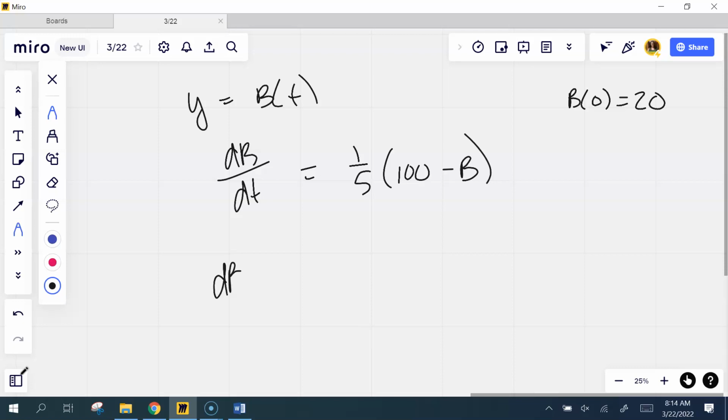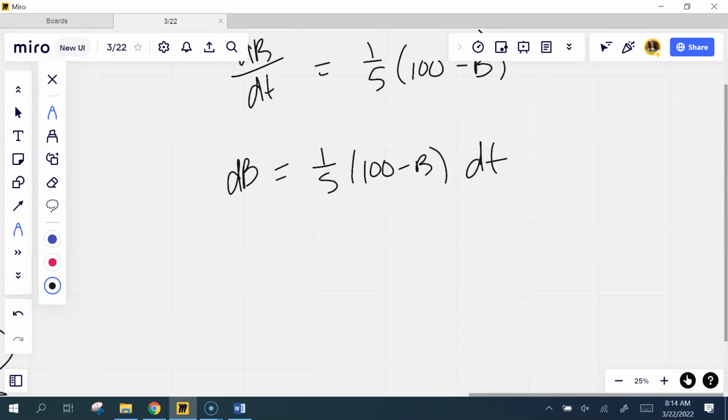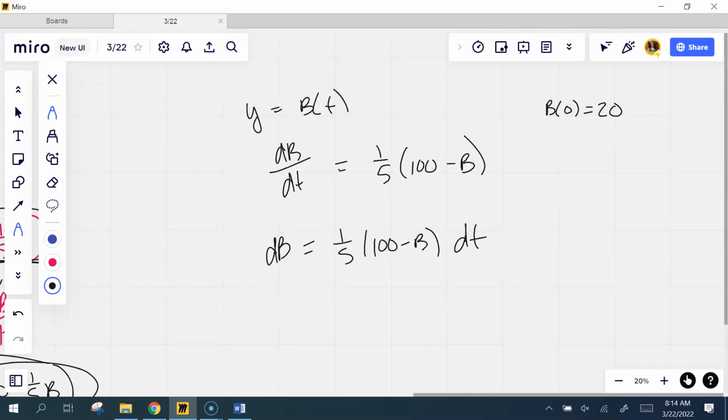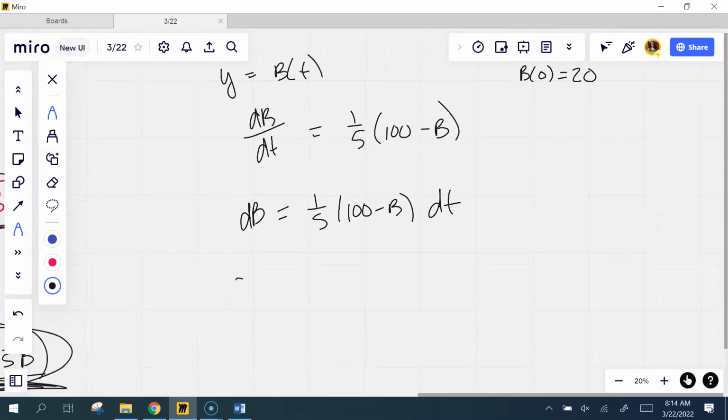So dB equals 1/5 (100 minus b) dt. So I'm just going to divide by this 100 minus b. There's your first point. Did you get them separated?